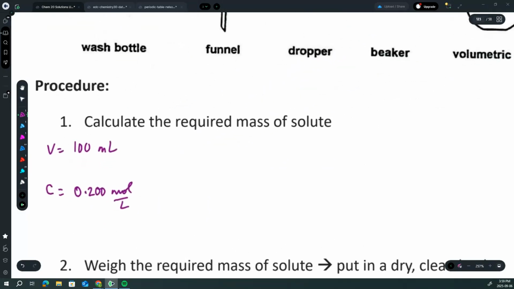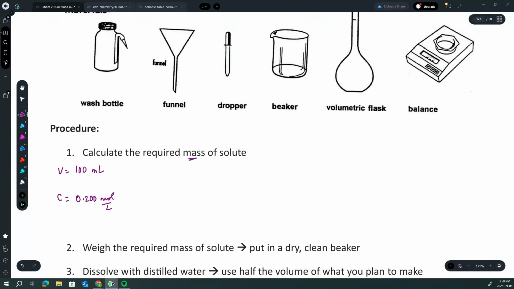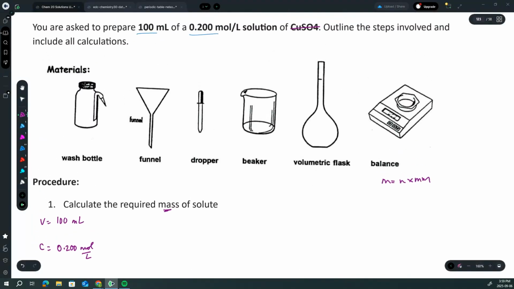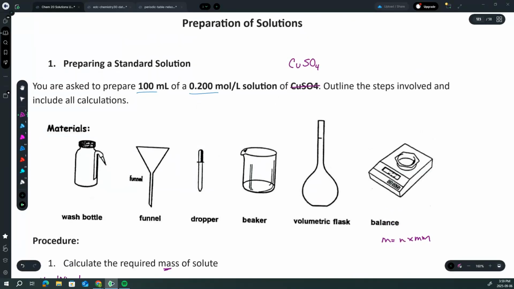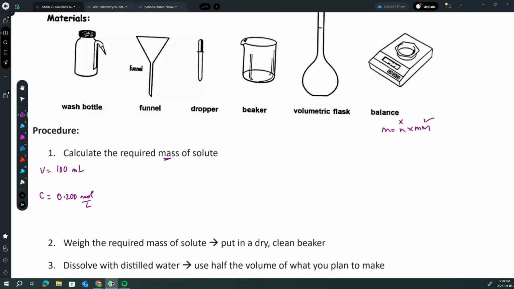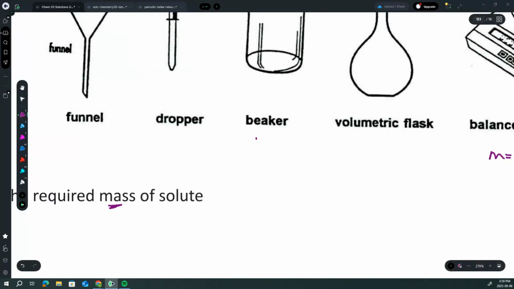Okay, so in order to figure out mass, we'd have to use mass is equal to moles times molar mass. Since we've been given the identity of the substance, copper 2 sulfate, we can get molar mass. But right now we don't have moles, but we've been given volume and concentration, and the formula involving both is concentration equals moles divided by volume.